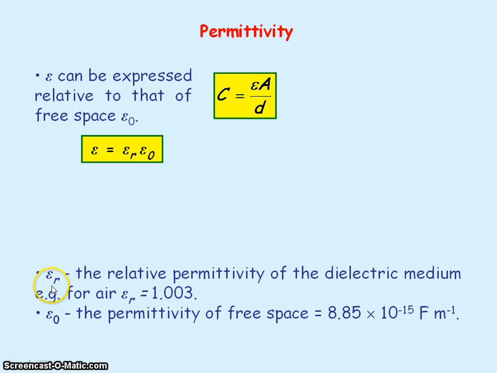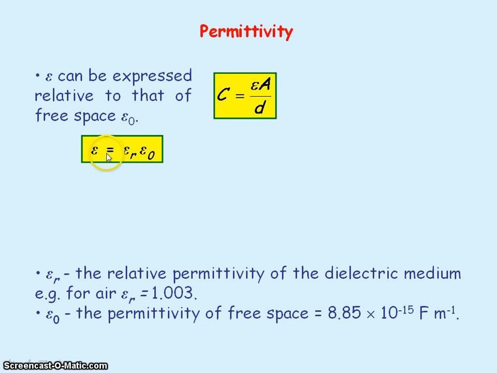And so the relative permittivity of air is 1.003, which means the permittivity of air is 1.003 times the permittivity of free space. And we take the permittivity of air to be approximately equal to the permittivity of free space.